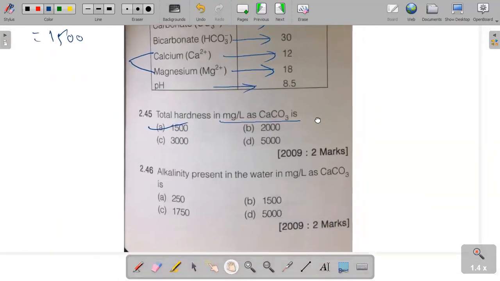And here is our next question, which is related to this data: the alkalinity present in water as milligram per liter.